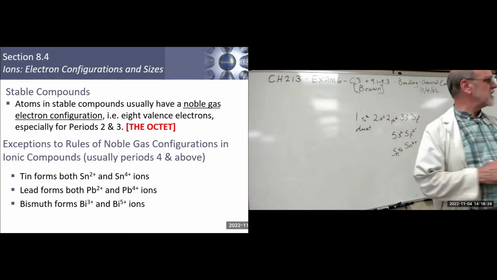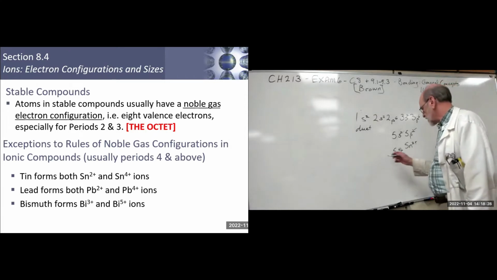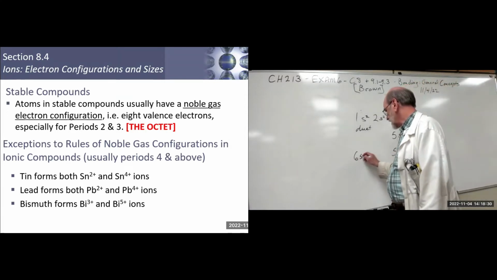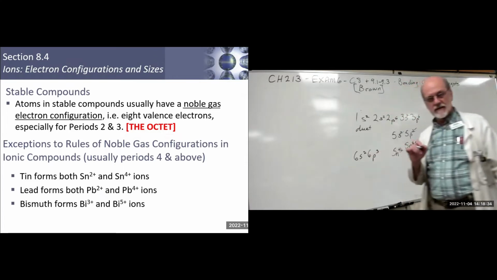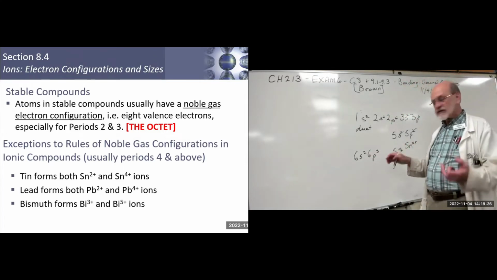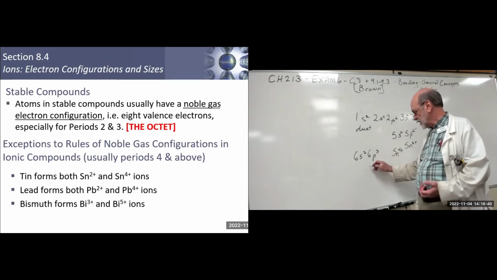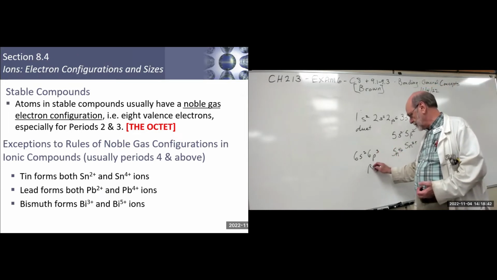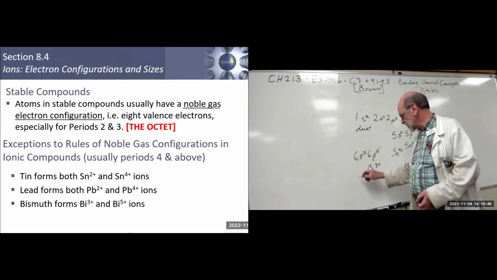Bismuth is in the 6th period. So bismuth is going to have 6s2 and 6p3. So it tends to lose those 3 and make a 3+. But if it loses these 2, it makes a bismuth 5+.